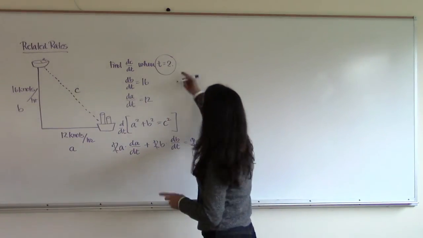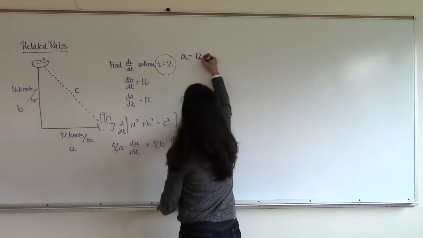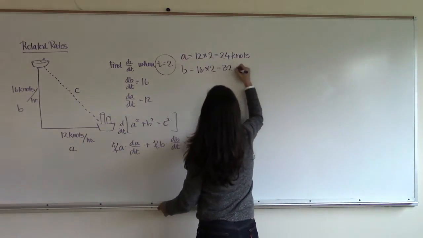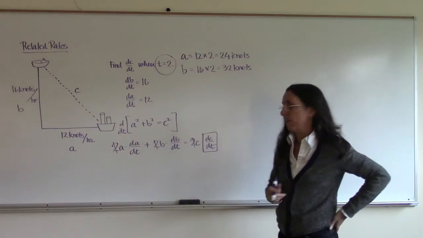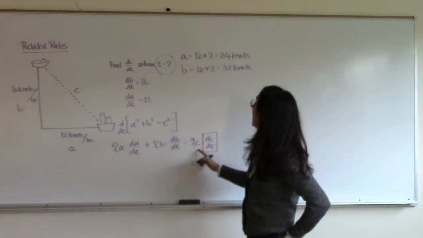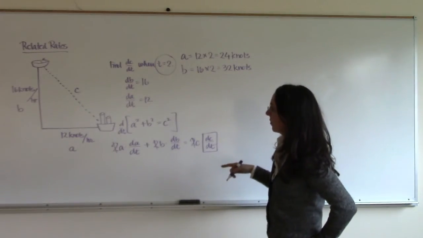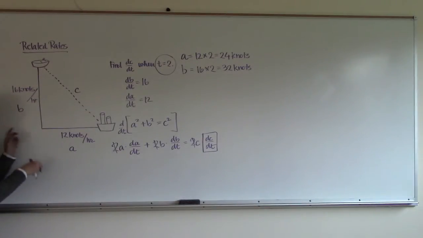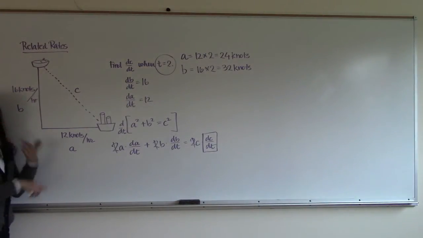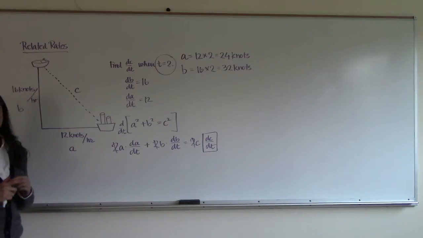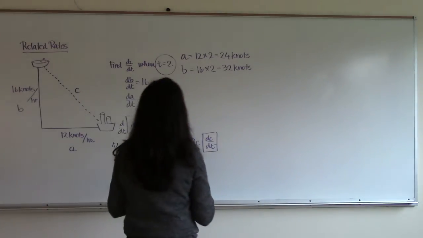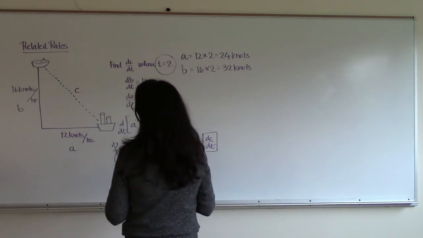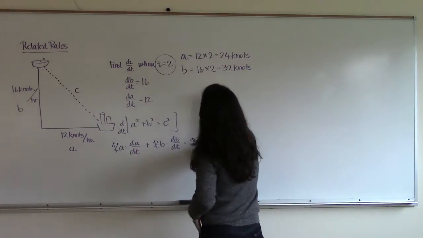So at t equals 2, those are pretty easy to figure out. What about C? Well, after 2 hours, if this is 24 and this is 32, I can square those and add them together and take the root, right? And that'll give me the length of the hypotenuse. And 12, 16, 20, it comes out to 40.